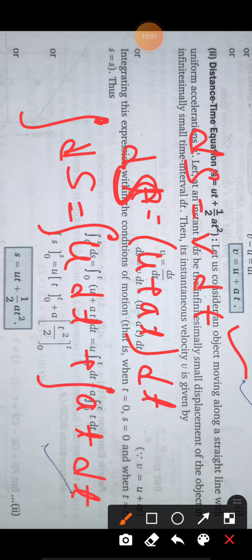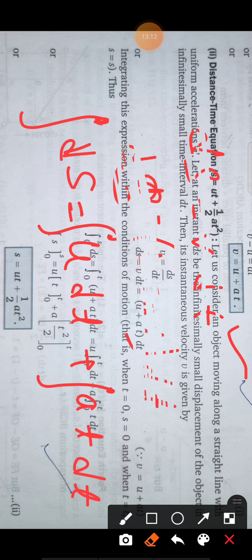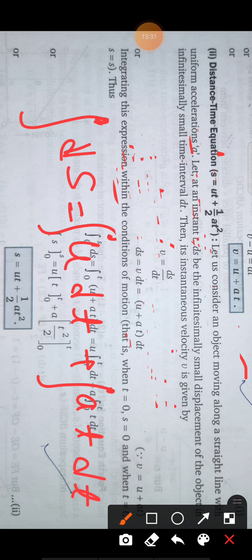Now we have to put the upper limits and lower limits. Look, what is the variable?